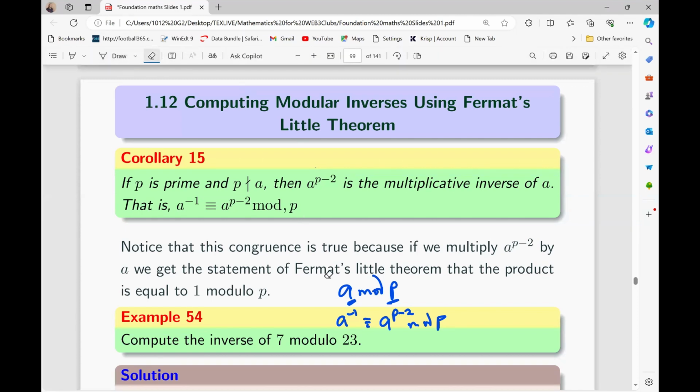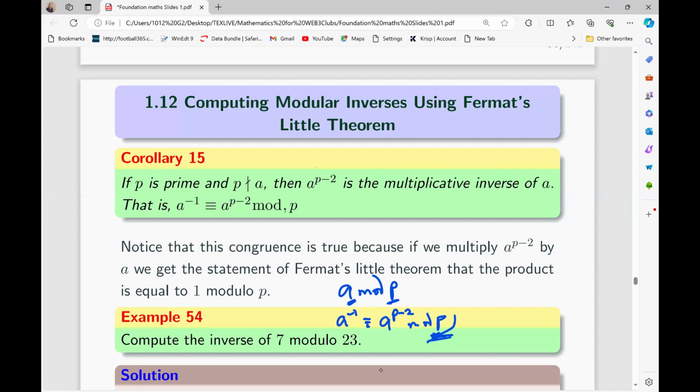This is a very fast way of finding inverses compared to other methods. We have other methods, like the extended Euclid's algorithm, which does the same thing. But Fermat's little theorem is restricted to when p is prime, whereas the extended Euclid's algorithm works for all numbers; it doesn't need to be prime.